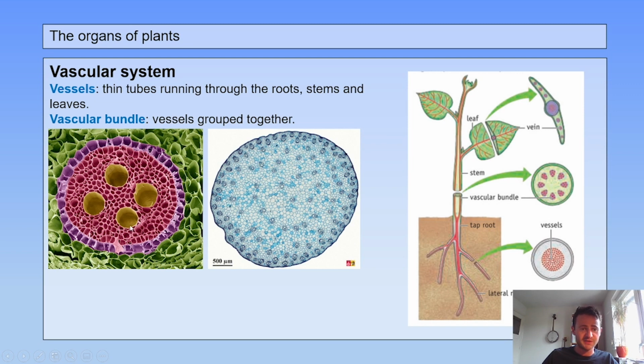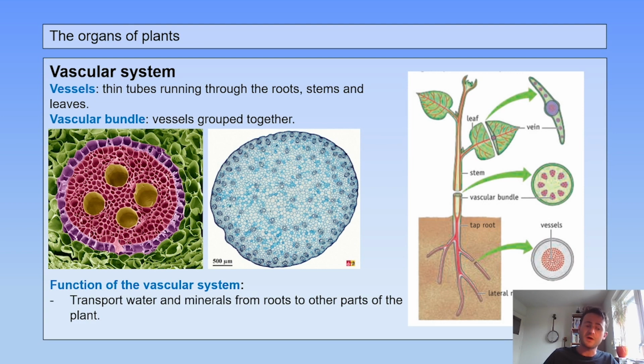So this is a vascular bundle, but you can also see them in this picture, all these little groups of cells, this is a cross-section of vascular bundles. And the function of the vascular system is to transport water and minerals from the roots to other parts of the plant and to transport glucose from the leaves to the rest of the plant.